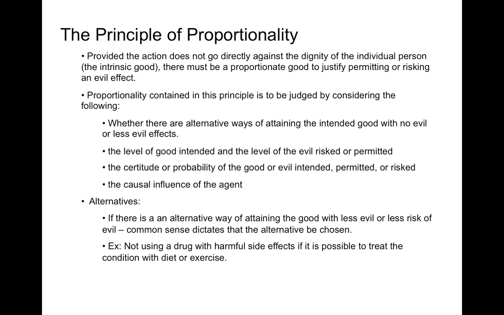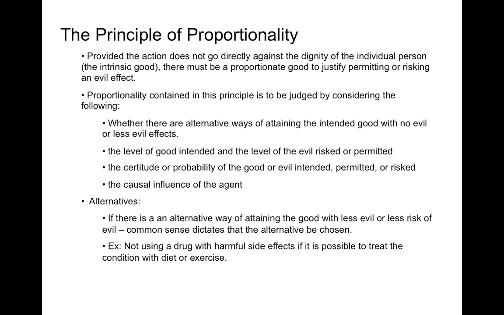So, provided it doesn't go against the dignity of the person, proportionality can be judged by the following. Are there alternative ways of attaining the intended good with no evil or less evil effects? Okay, so you're looking at a variety of different procedures that try to get at the intended result. The level of good intended and the level of evil or risk is permitted.